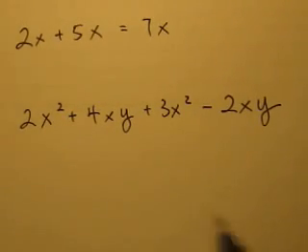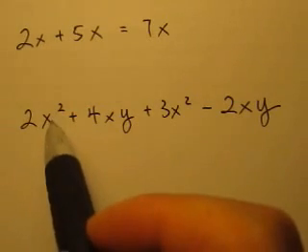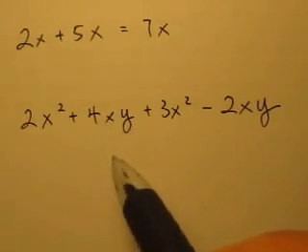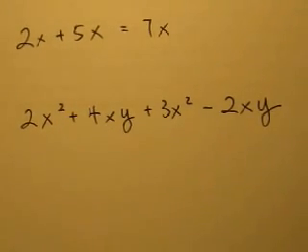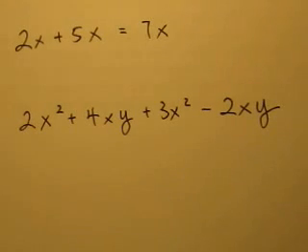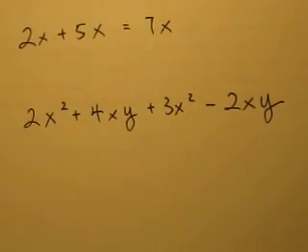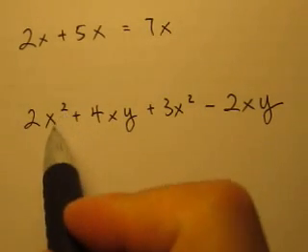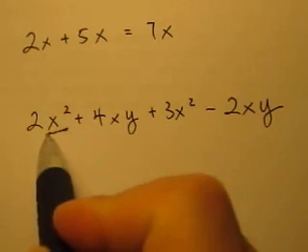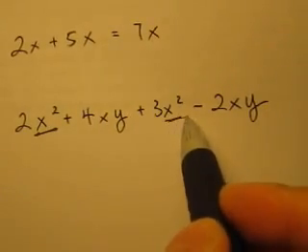Don't confuse yourself just because you see variables with exponents and x and y, and start freaking out. Don't freak out, it'll be okay. The easier way to remember how to combine like terms is to associate the x squared. You see that this is an x squared. We also have an x squared here.